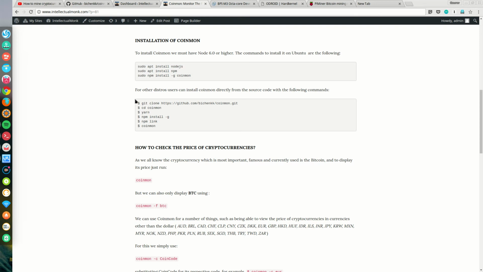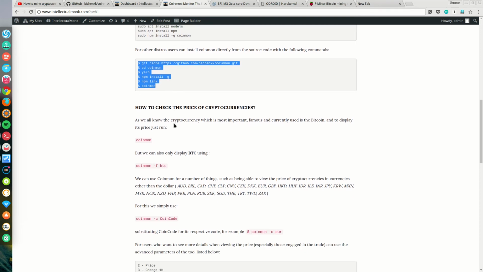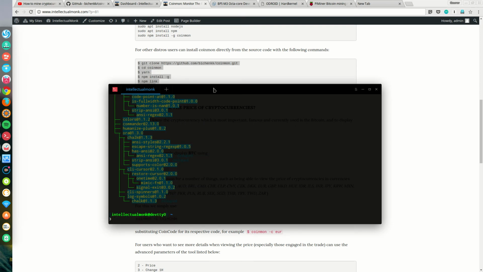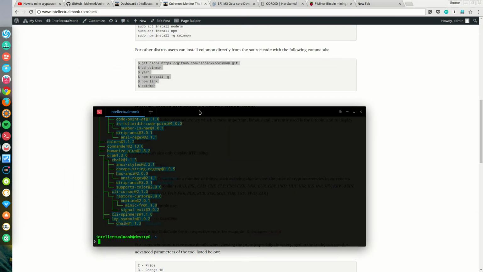And if you guys are on any other distro, you can use these commands. So Coinmon is installed.